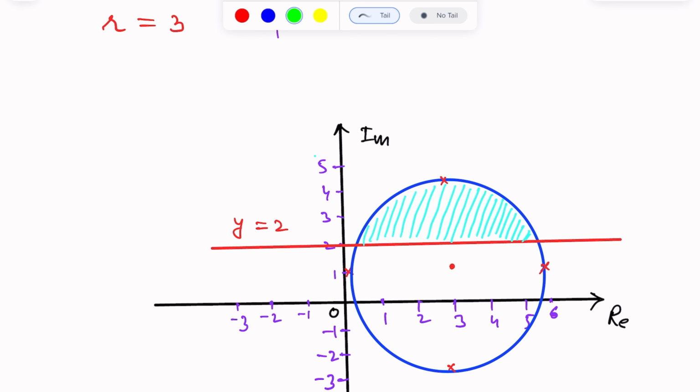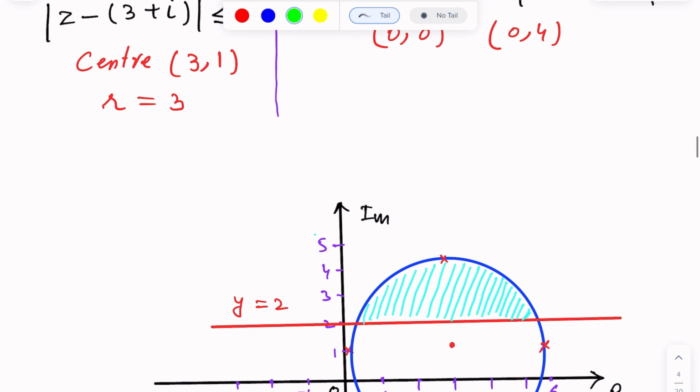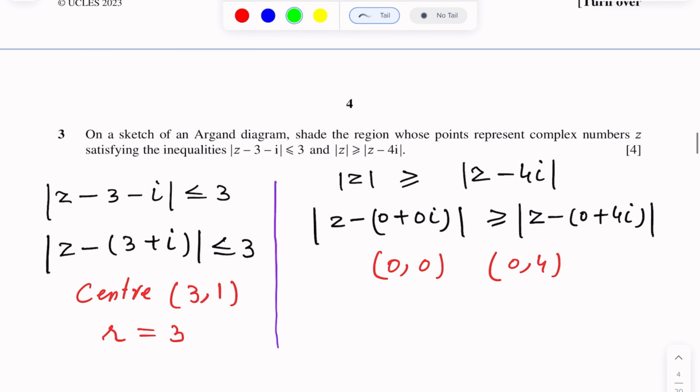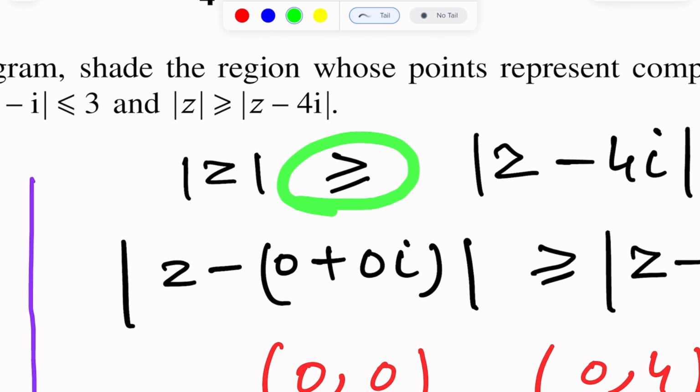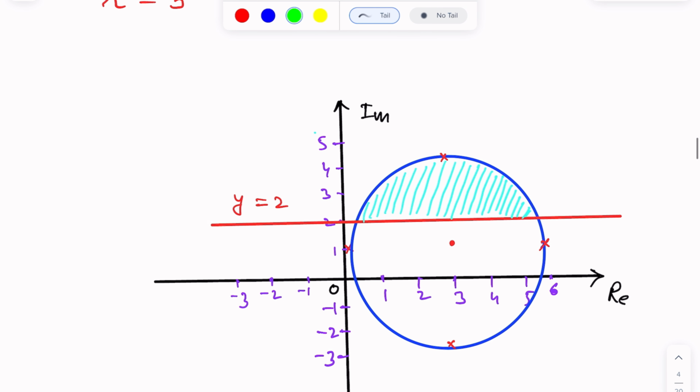And the second inequality shows that |z| is greater than |z - 4i|. So for y = 2, z will lie on the upper side of this horizontal line.